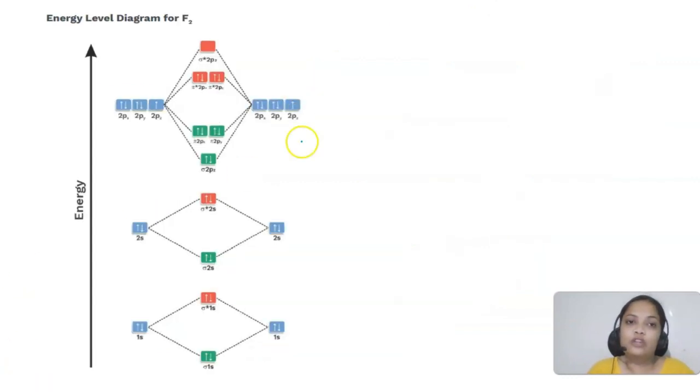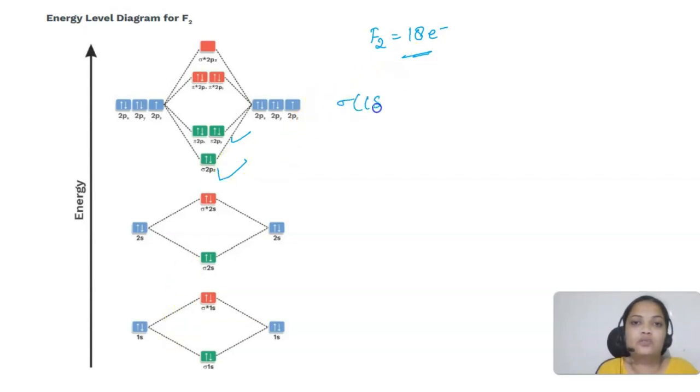Same goes with fluorine. You can see that fluorine is just like oxygen. So here 18 electrons are there again. So here see: sigma 1s2, sigma star 1s2, sigma 2s2, sigma star 2s2.